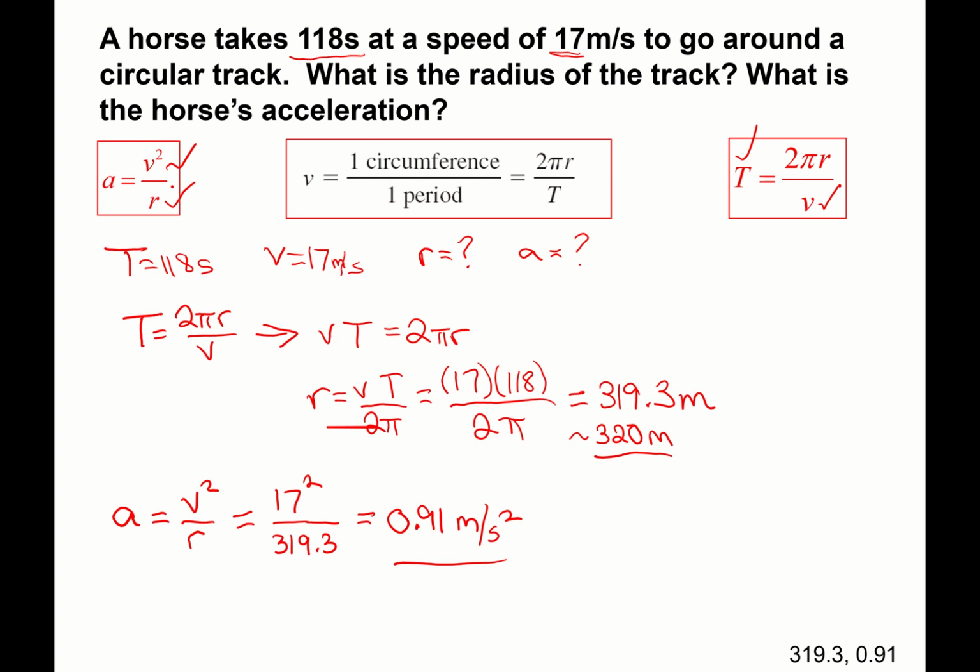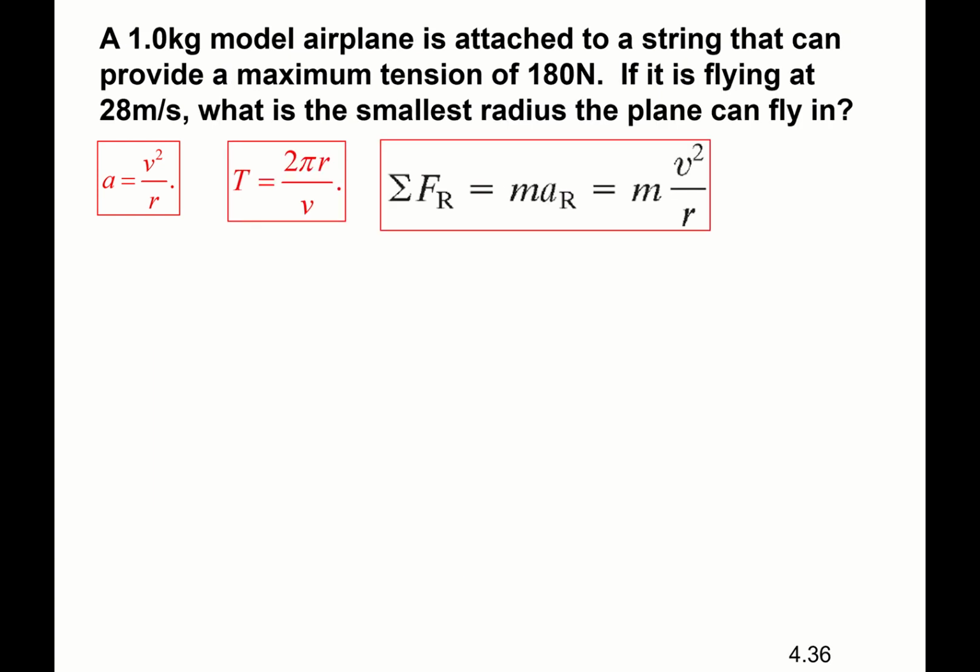Okay, so the problems for this chapter are pretty straightforward. There's only 2 equations, so it's pretty simple to pick which equation you have to use, and the algebra is very simple. The only other change we can do is to do something where we have to put in a force. So force is mv squared over r. And you see this equation here on the right, it's got 3 steps in it.